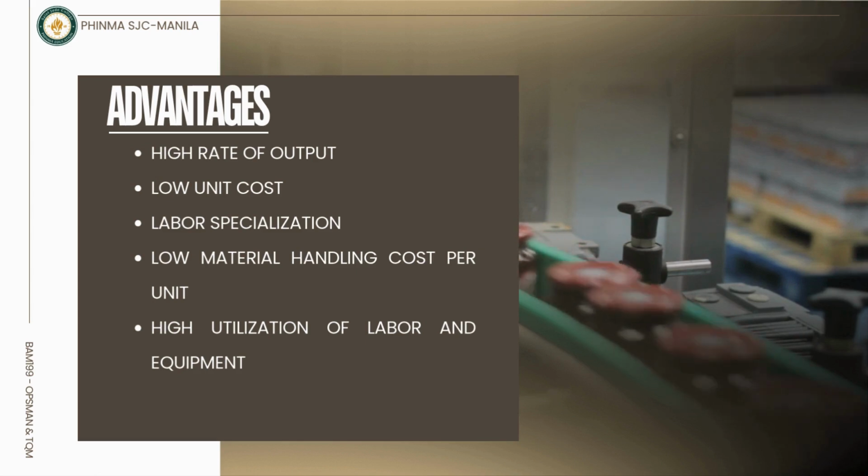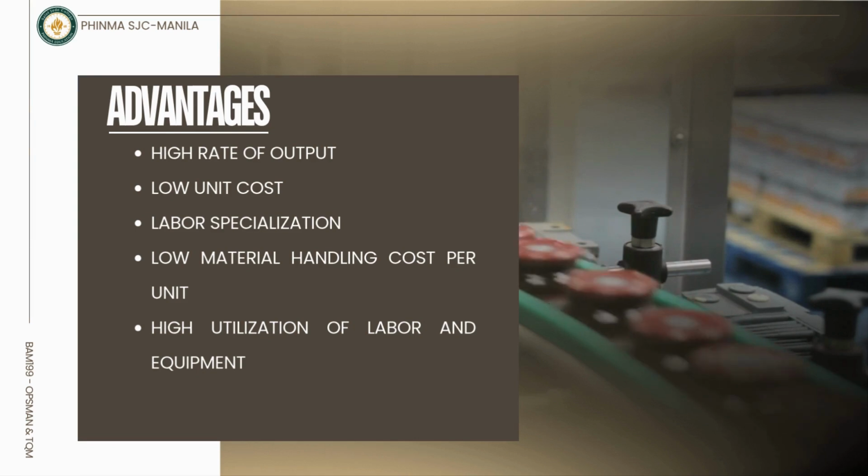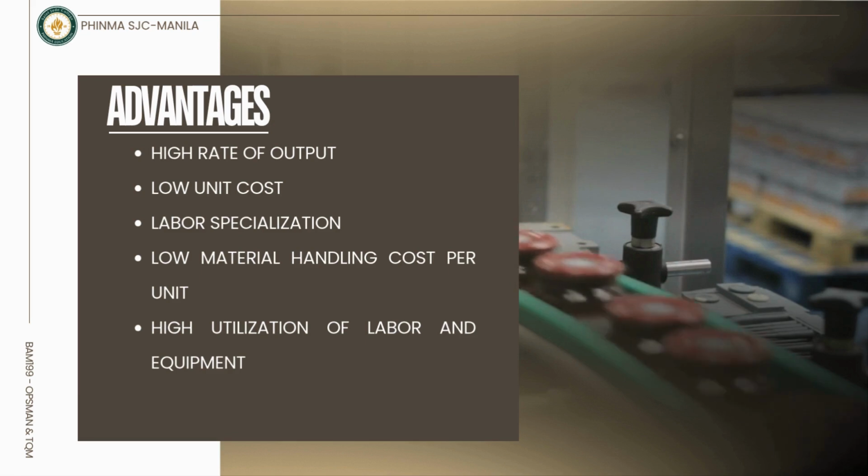So it gives you a higher volume of output in terms of product. Low unit cost, because it gives you a lower amount to pay to reach a high volume of products.